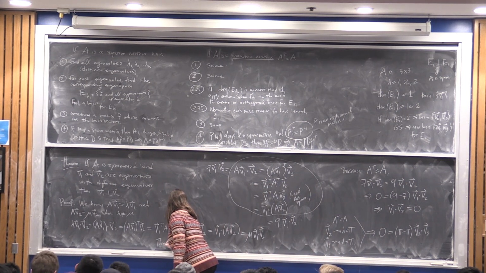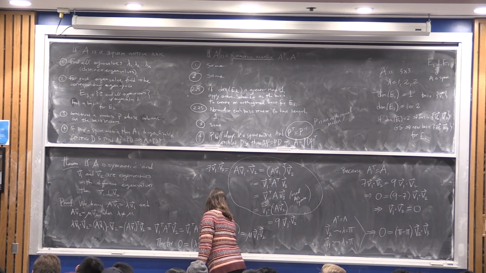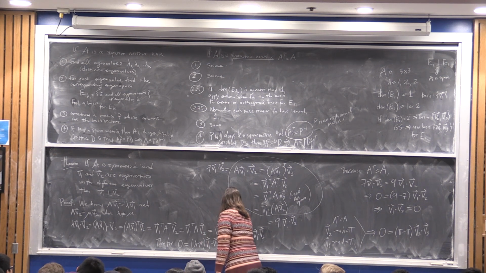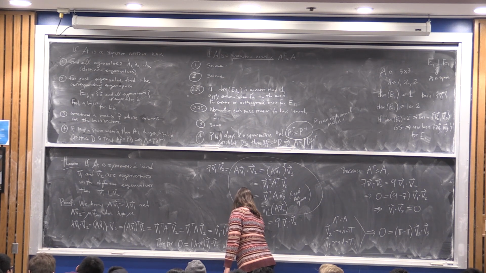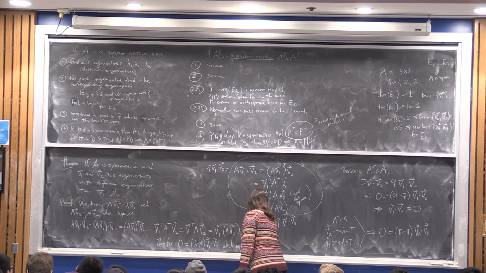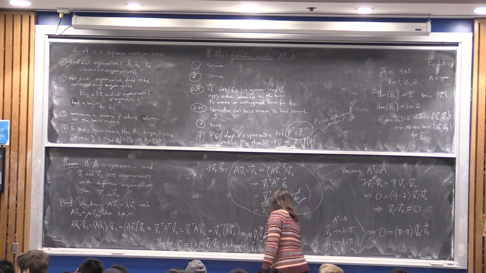Therefore, 0 equals lambda minus mu times V1 dot V2, which implies V1 is orthogonal to V2.